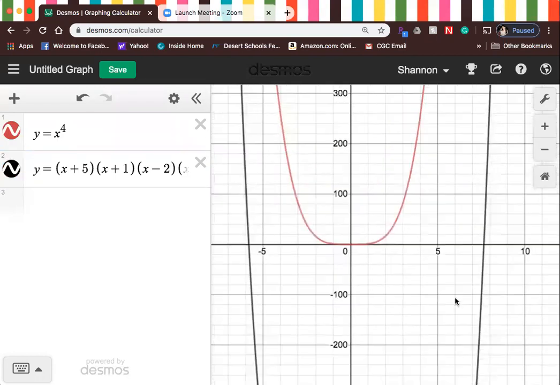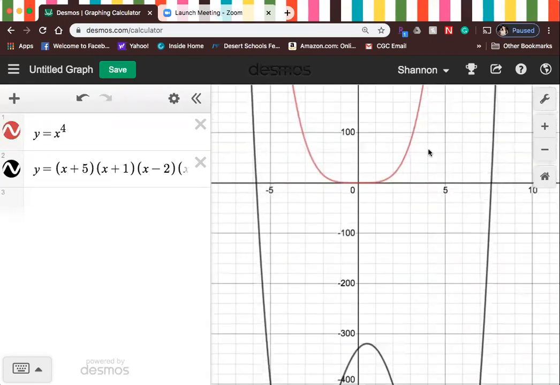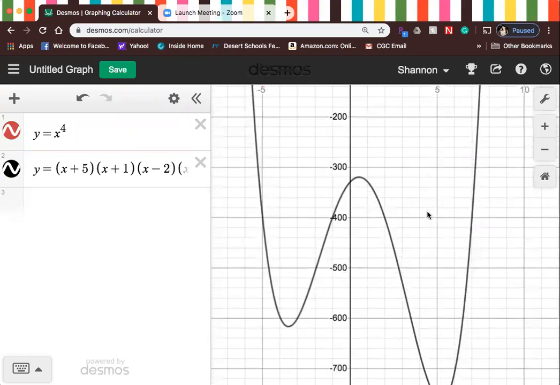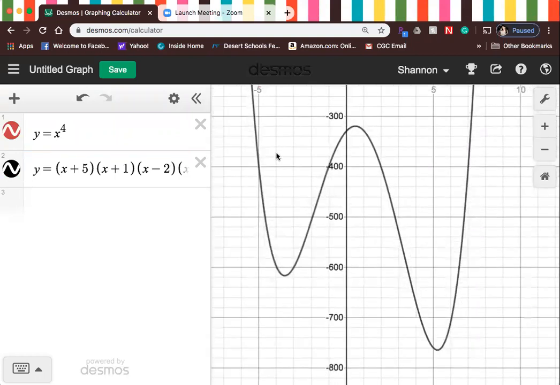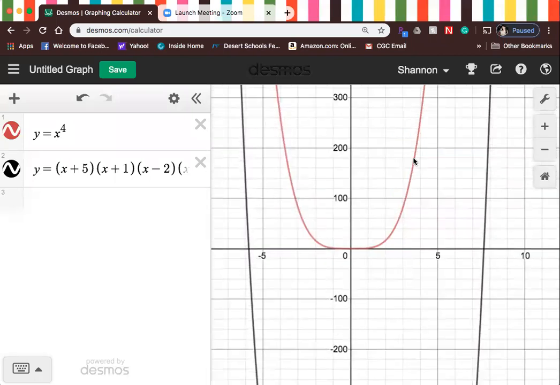Do they all have 4 directions? Nope. Because check it out. The parent function only goes down, then up. That's only 2 directions. But it can have up to 4 directions. And also look at the concavity. The original graph, concave up. That's it.